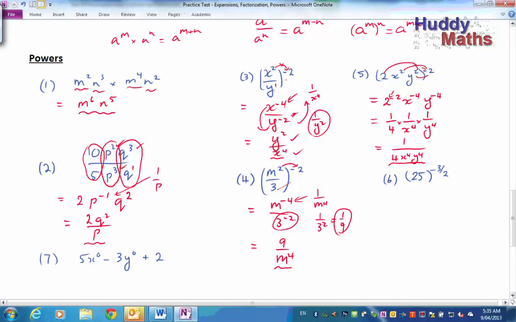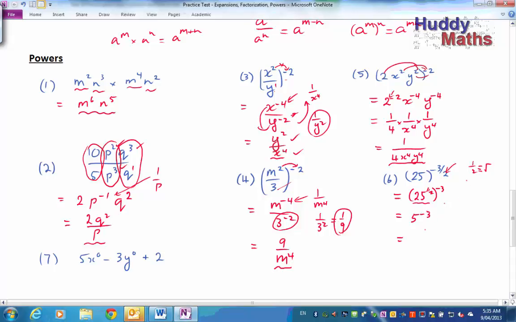Alright, let's go on. So, this is a fractional power. You know a fraction of a half is equivalent to the square root. So let's look at this as 25 to the half, all to the neg 3. So this would mean the square root of 25, which is 5 to the neg 3.